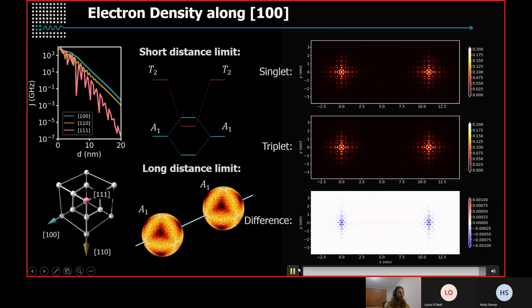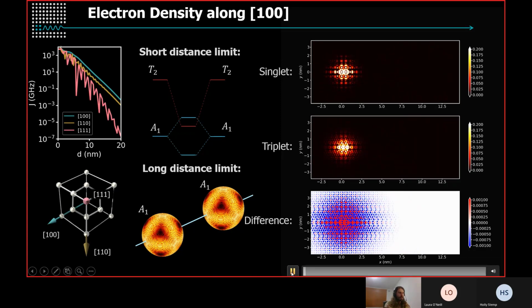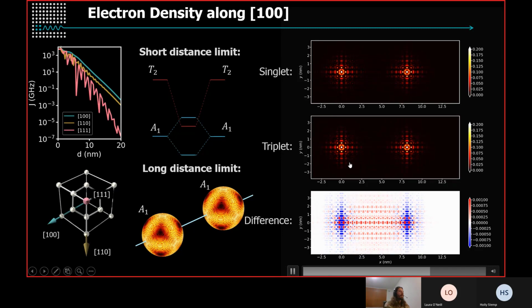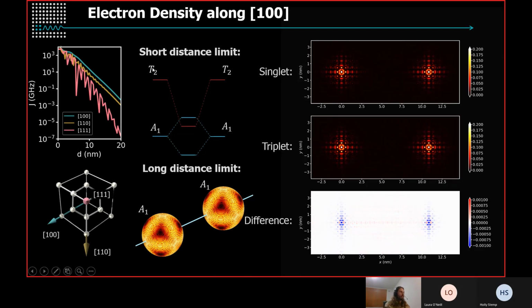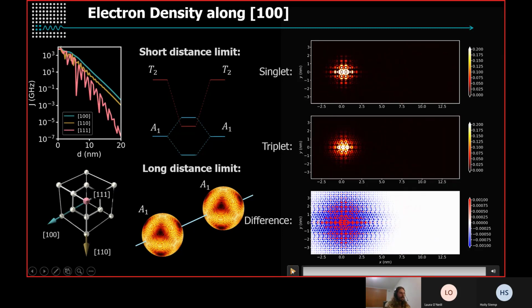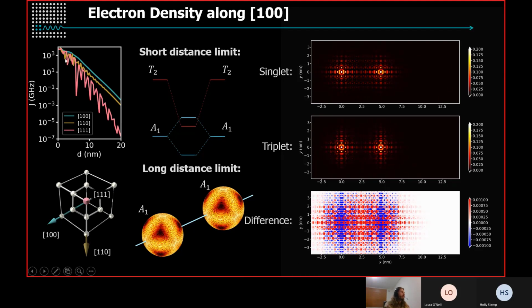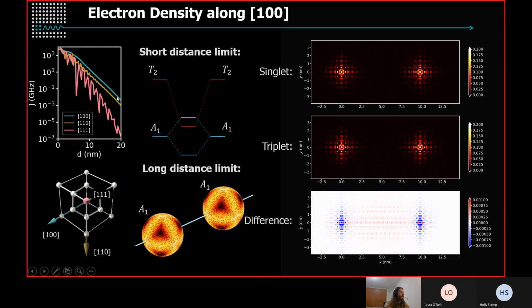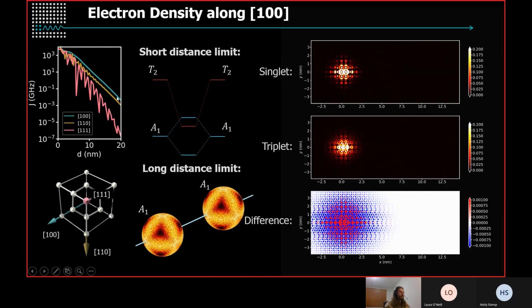I would like to point out a few things here for you. First, you can see that for short distances, the triplet is quite different from the singlet. This is due to an avoided crossing with the first excited valley states. And secondly, you can see that the difference between these two states is quite significant, which leads to really high exchange interaction for this orientation in the crystal.